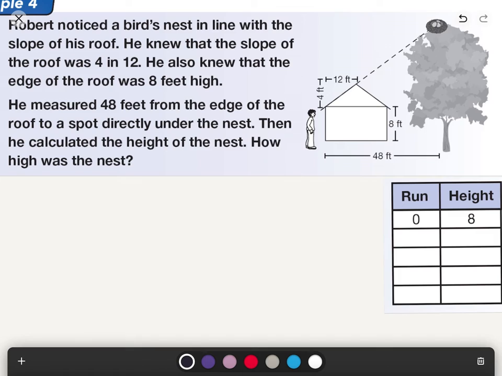We can use the 4 in 12 probably more efficiently than a slope of 3. He also knew that the edge of the roof was 8 feet high. He measured 48 feet from the edge of the roof to a spot directly under the nest. Then he calculated the height of the nest. How high was the nest?